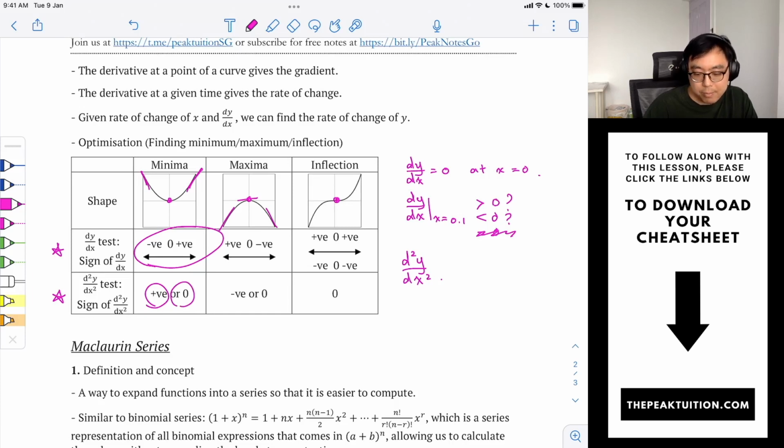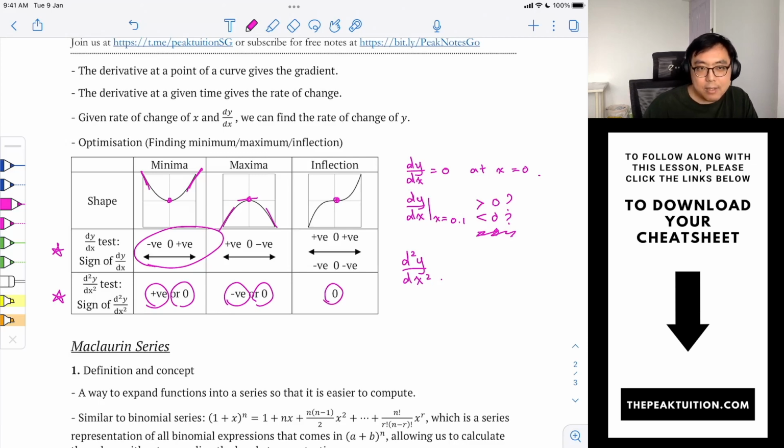The maximum point can give you a negative or 0. If the graph gives you a positive second derivative, it is guaranteed to be the minimum point. If it gives you a negative second derivative, it's guaranteed to be a maximum. But if it's 0, then that is inconclusive because it could also be an inflection point.